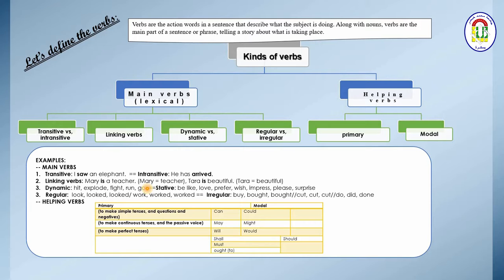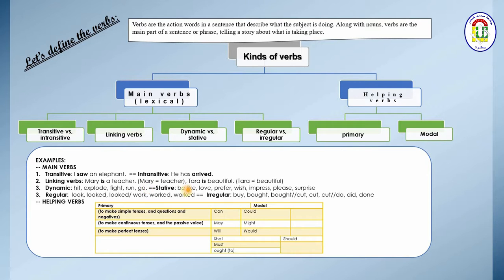When I say hit, it means there is a certain action here. When I say explode, there is an action. When I say run, there's a kind of movement. Fight, go. All of them have a kind of action in their meaning.